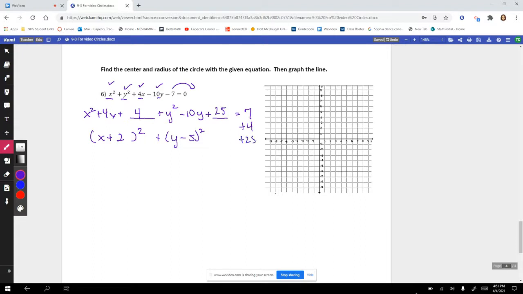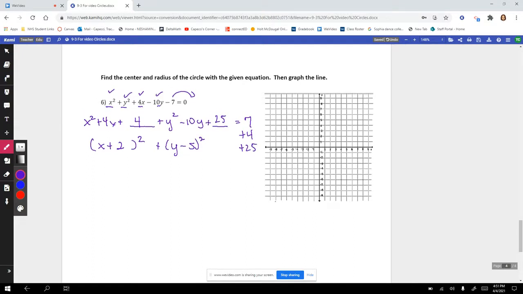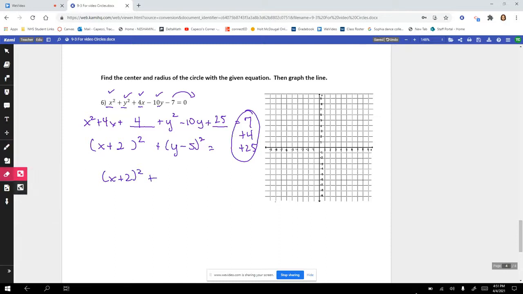Whatever I do to one side, I have to do the other side. So when I clean this up, I need to add these 3 values. So I have x plus 2, quantity squared, plus y minus 5, quantity squared is equal to, and when I add all of that up, I get 36.